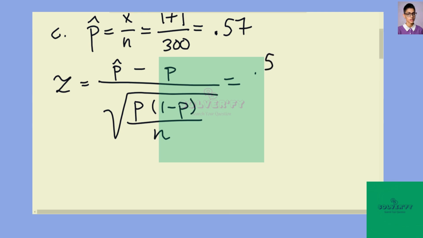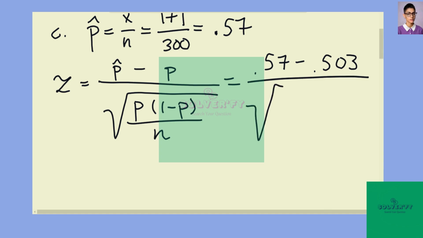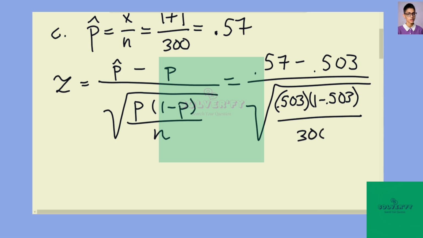So that means 0.57 minus 0.503 all over the square root of 0.503 times 1 minus 0.503, all over 300. And that is equal to 0.734.